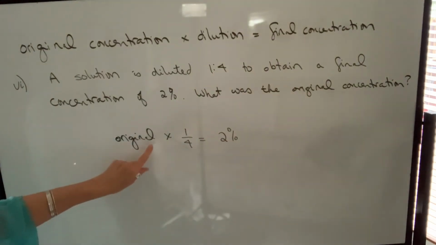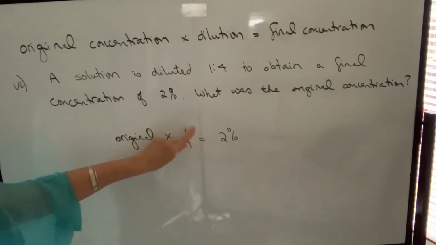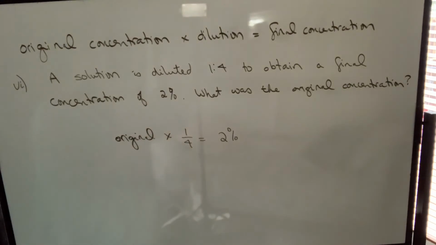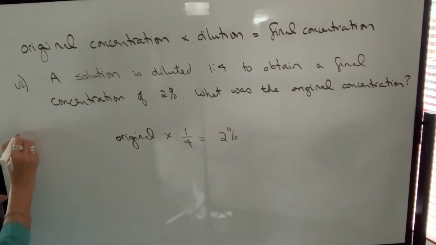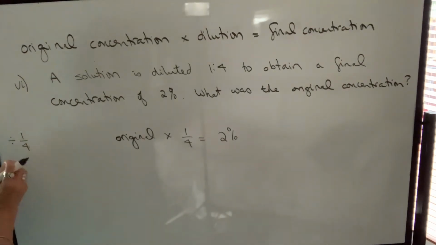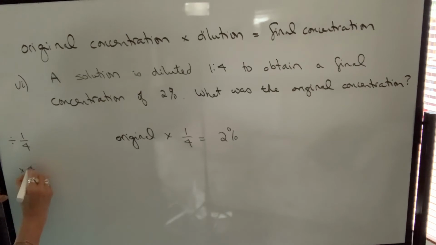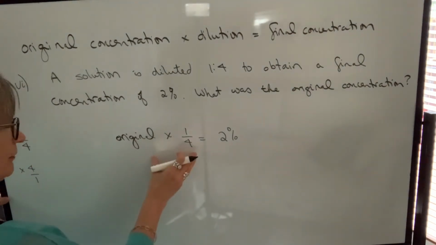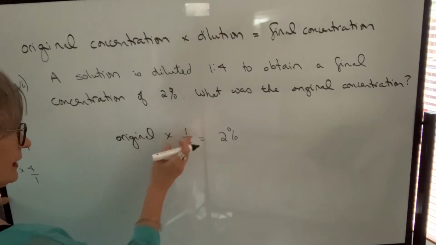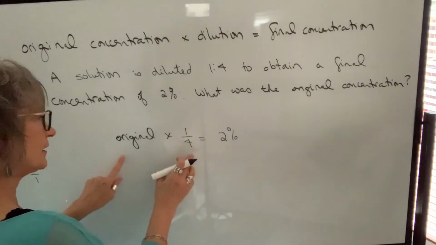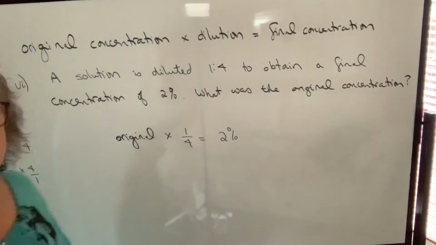So in order to isolate or solve for original, I'm going to divide by 1/4. And remember that when you divide by 1/4, the rule with fractions, it's the same as multiplying by the reciprocal, so it's the same as multiplying by 4 over 1. So what we're going to do is multiply this side by 4, so it will cancel. And whatever you do to this side of the equation, you must do the same thing to the other side.